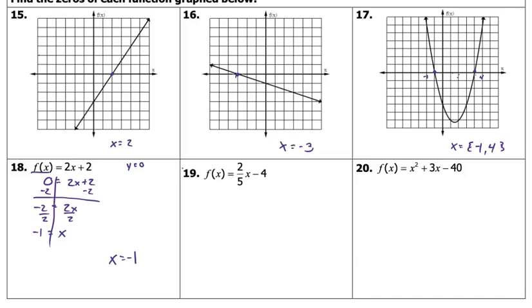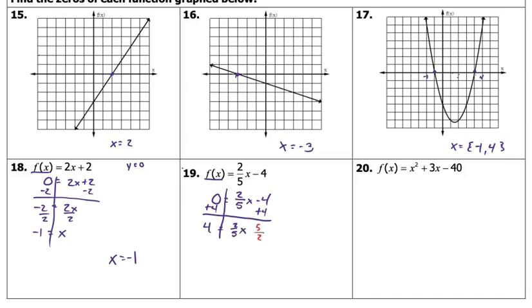Let's go ahead and look at 19. Same thing. We're just looking for the zero. So instead of f(x), which is a fancy way of saying y, and I know when the function crosses the x-axis, the y is at 0, so 0 equals 2/5 x minus 4. Again, a two-step equation, so add 4 to both sides. 4 equals 2/5 x. Oh, there's that fraction again.